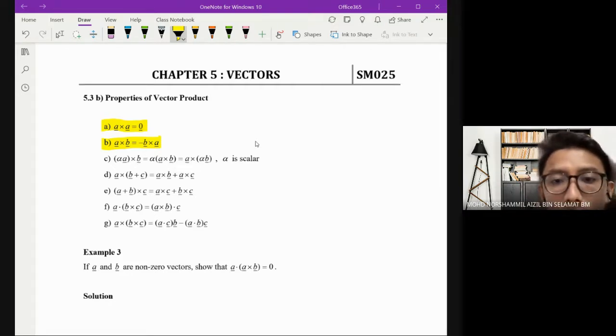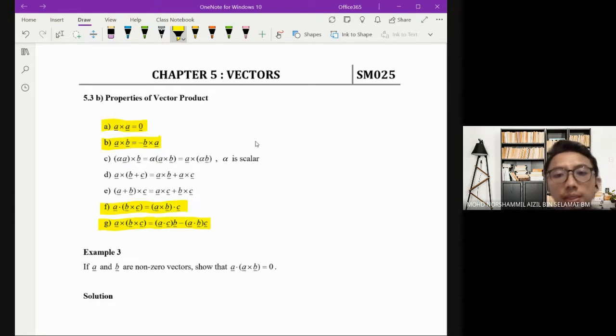D as well we can use logic. E as well we can use logic. F pun kita boleh pakai logik, tapi F ni kena tahulah. Tak boleh nak pakai logik jugalah. A, B, F ni so far kena hafal lah. Okay. And then of course with this one, last one ni. Yang ni paling dahsyat sekali.